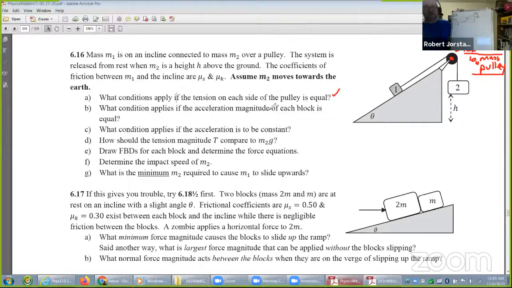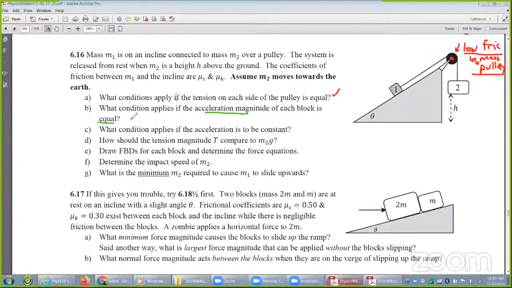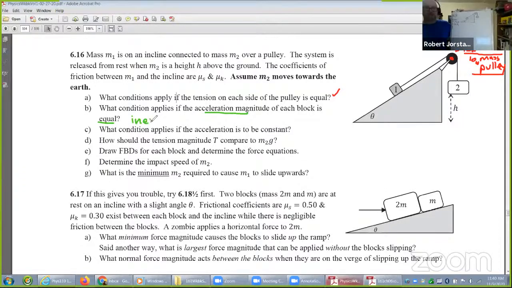All right. What about this? If the acceleration magnitude of each block is equal, what condition has to apply? Does anybody remember? Does that mean the cord is inextensible and frictionless? Inextensible, yeah. Turns out the cord can have friction, so that's not a condition.